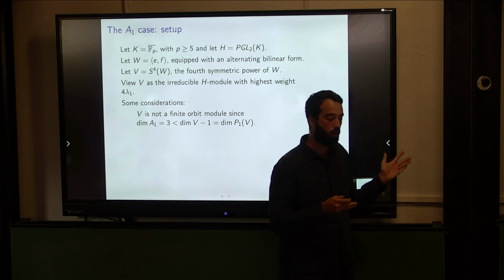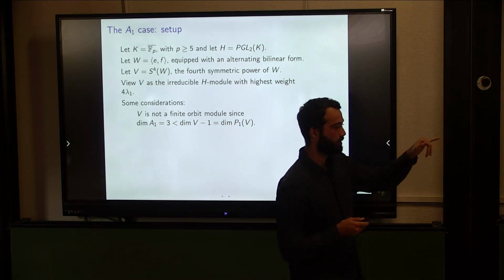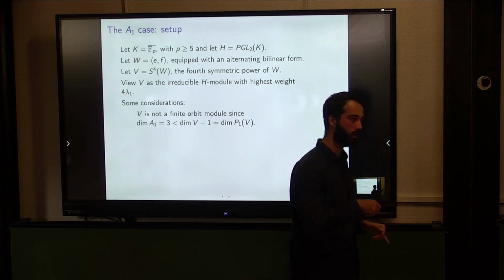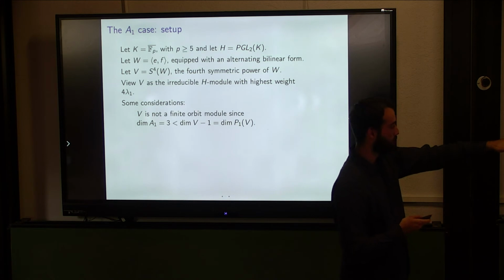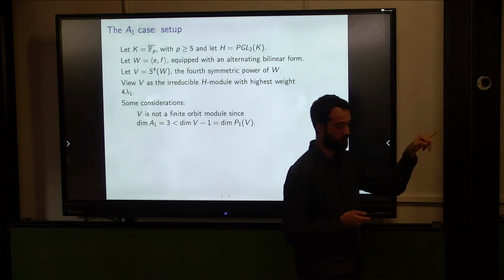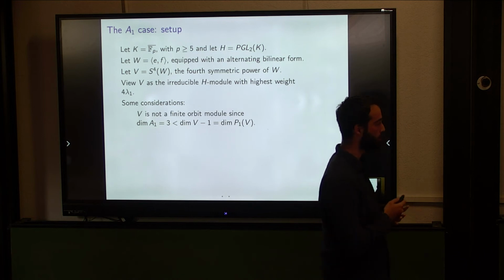So this could not have been a finite orbit module. On the other hand, the dimension of the variety of singular 1-spaces is 3, because you subtract 1 more, which is the dimension of A1, so it does have a chance of being a finite singular orbit module.